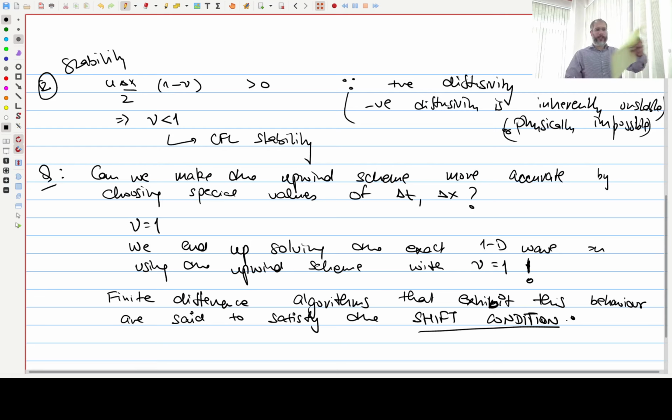I'll not discuss any more about this in this case, but I'll give you a reading assignment to read from the book. This is more on this shift condition and how that relates to this special problem. And in fact, this equation, the 1D wave equation, shows the characteristic behavior. So if you have solved the wave equation in any of the courses, then you would know that a wave travels in a certain direction.